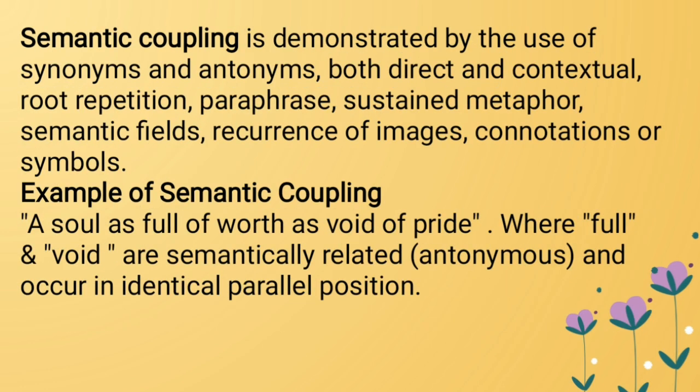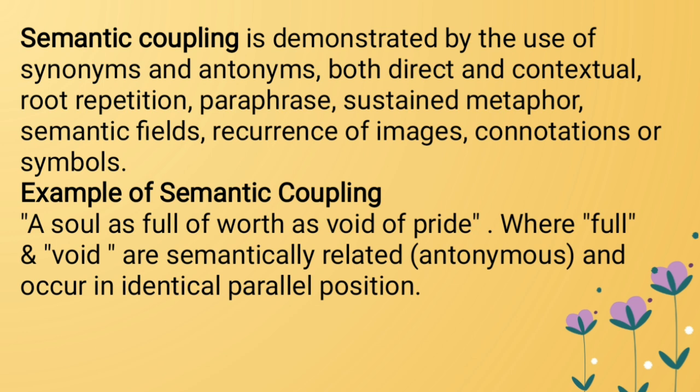So semantic coupling is demonstrated by the use of synonyms and antonyms, both direct and contextual, root repetition, paraphrase, sustained metaphor, semantic fields, recurrence of images, connotations, or symbols. So when we say semantic coupling, it's a fancy way of saying that a writer uses words that are related in meaning to create a special effect, to make it stand out.